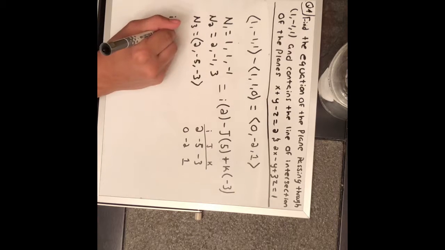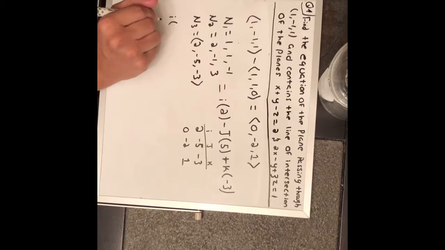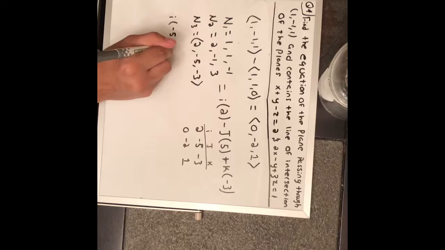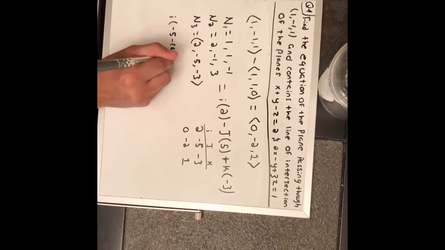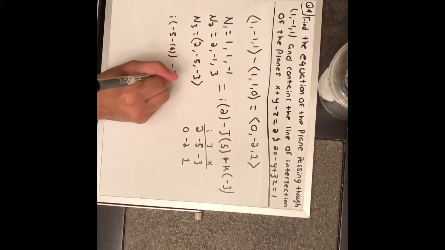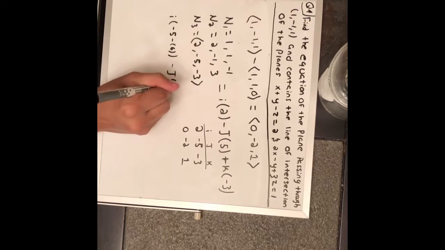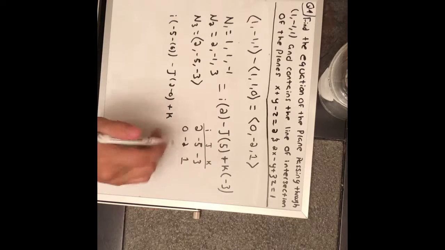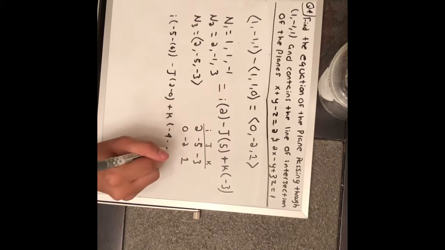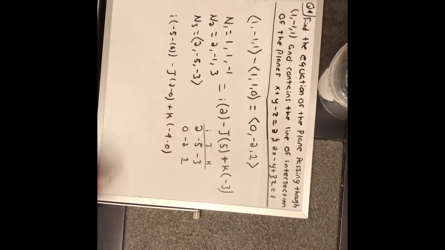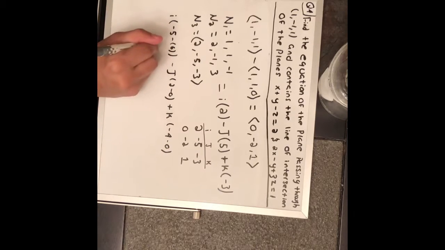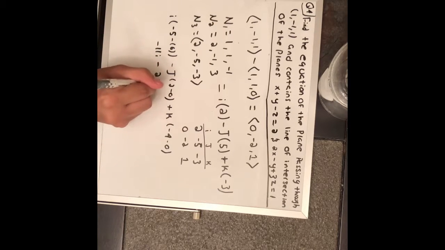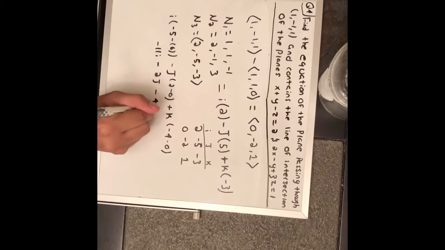So -5 minus 6, I should say, is -11. Minus j: we have 2 minus 0. Plus k: we have -4 minus 0. So from here we get -11i - 2j - 4k.